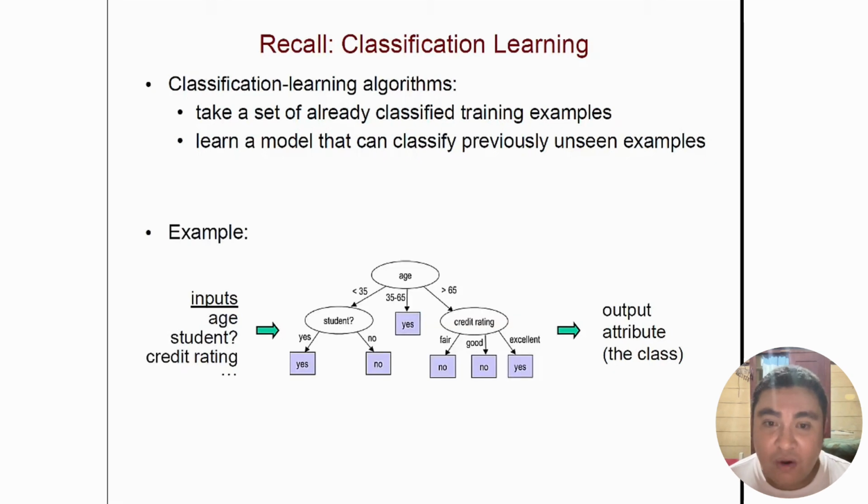One way of doing classification is the utilization of decision trees. Part of the classification learning algorithms is that it takes a set of classified training examples, just like what was mentioned. The inputs are the independent variables, and the diagram in the middle is the model.